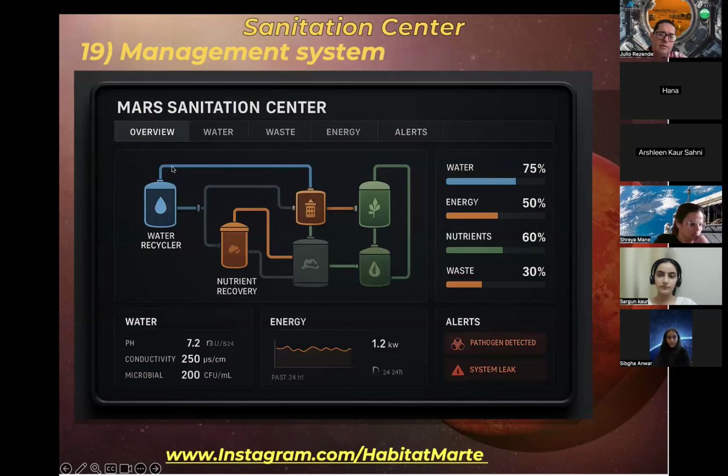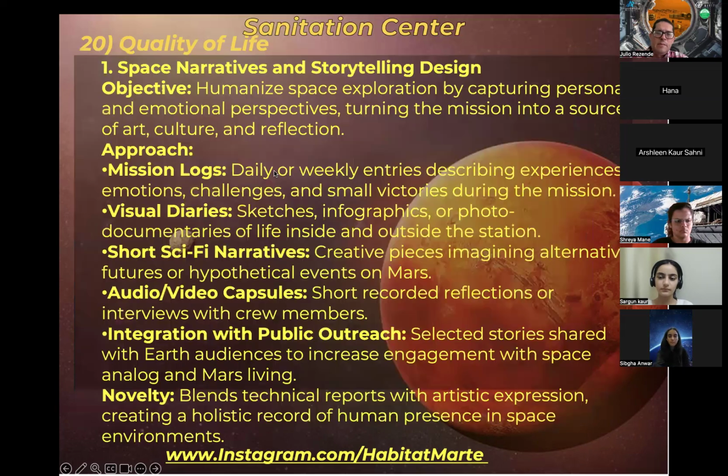It would be interesting to have the levels of water recycling and nutrient recovery, and if a pathogen was detected, or if a system leak is present. Programmers and computer specialists would be important to help the station create the systems to control every aspect of the operation of the sanitation center. The last topic is related to quality of life.